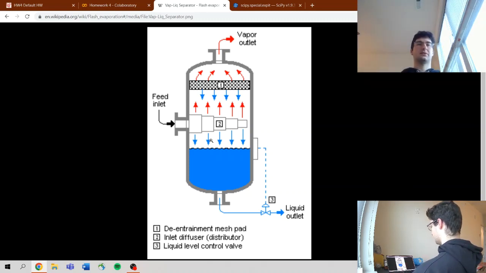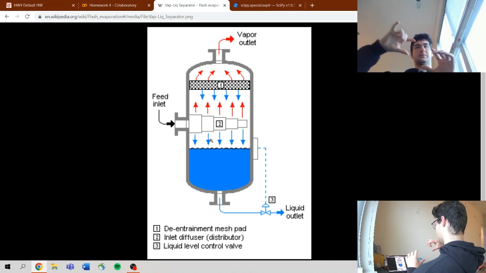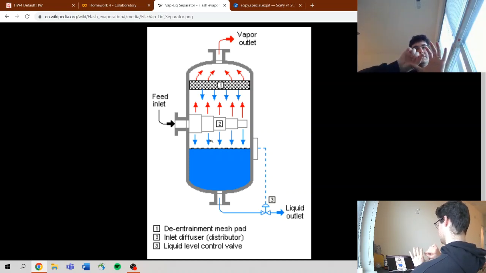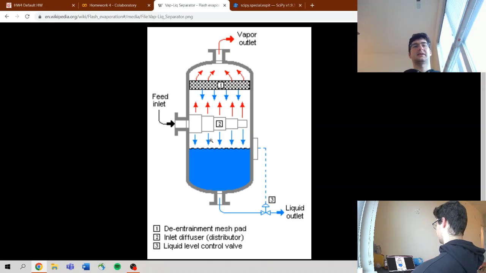If you remember that graph that shows the dew and bubble points, in this model our feed is going to come in right in the center between the dew and bubble temperatures. I'll show you what I mean by that later. Because it's coming in at both, when the feed enters the drum it will split: some will be vapor, some will be liquid.